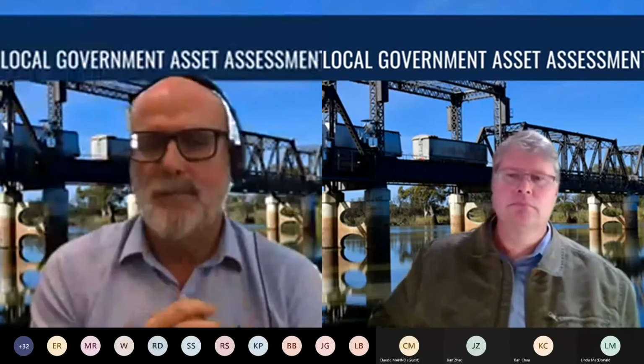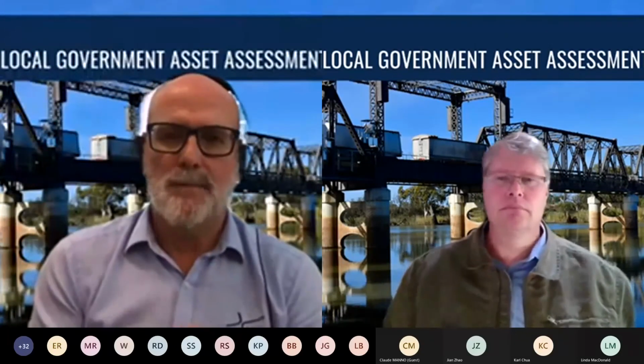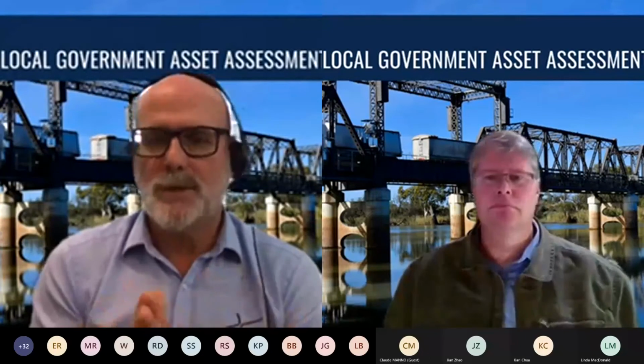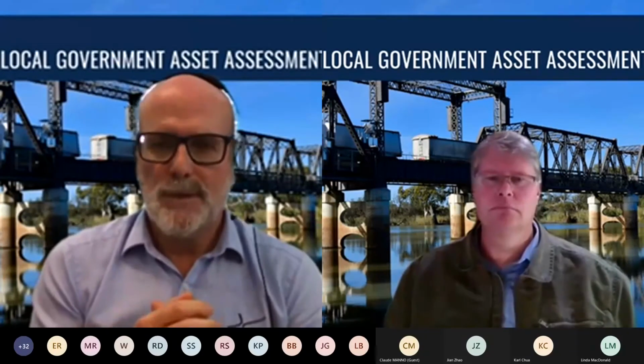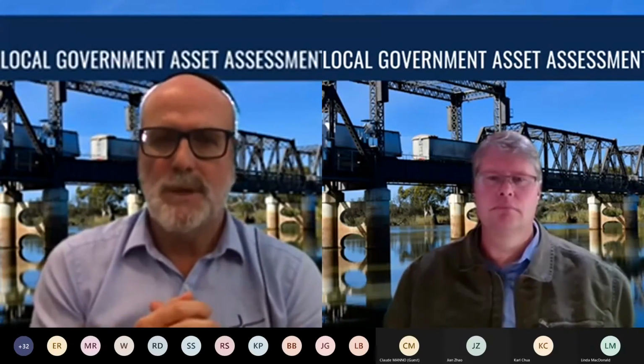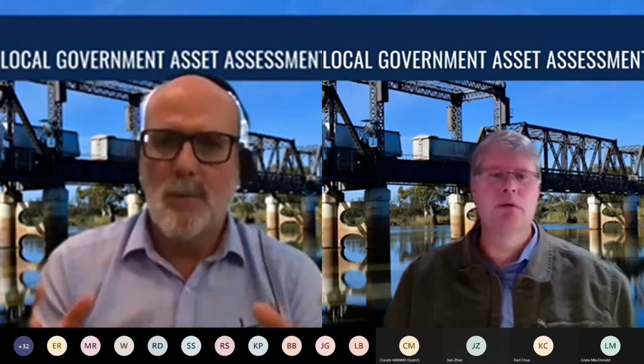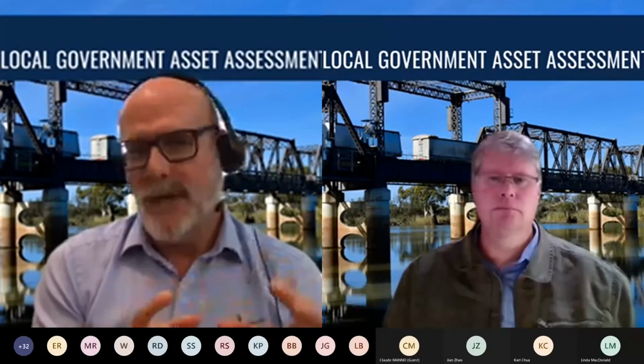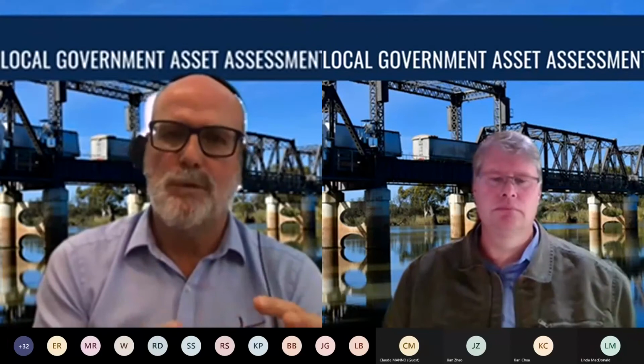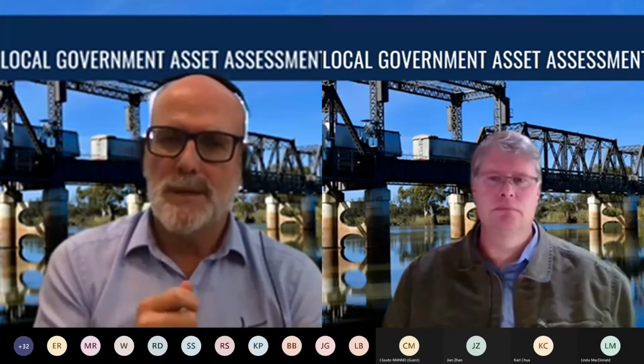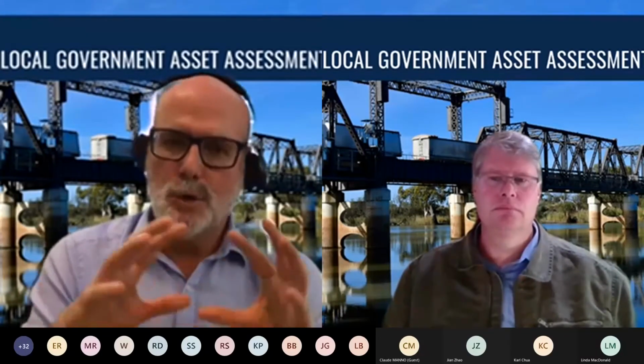The other tip I'd give you is that in our conversations with the Australian government, there is a great deal of interest in terms of economic and network outcomes. As a result of that, our focus is going to shift more from just individual councils nominating their assets to looking at regions.